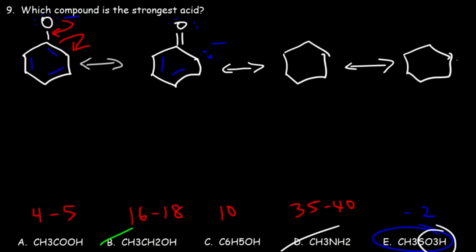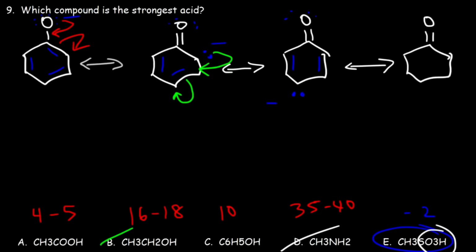And we can draw 2 other resonance forms. So this lone pair can move here and push the other 2 electrons on the next adjacent carbon. So now the negative charge is in that position.